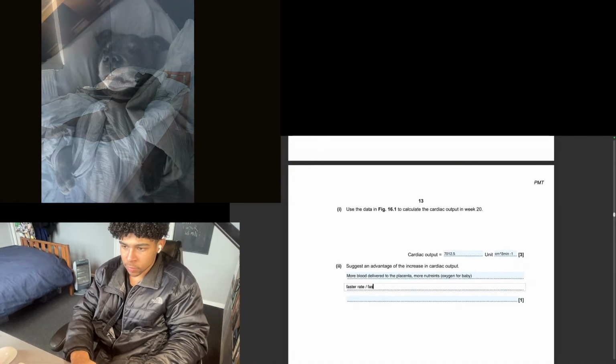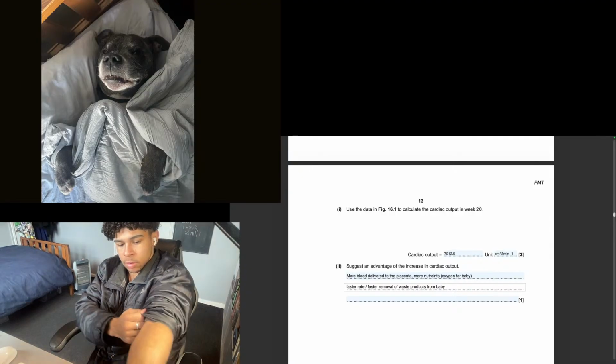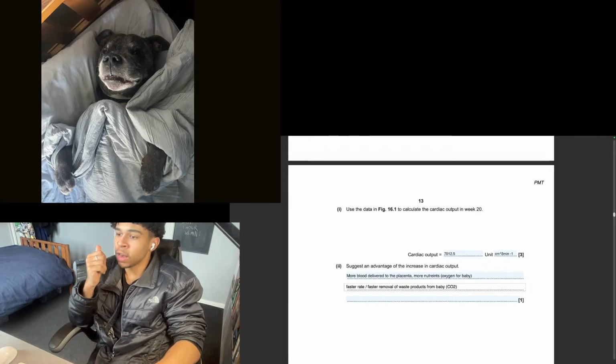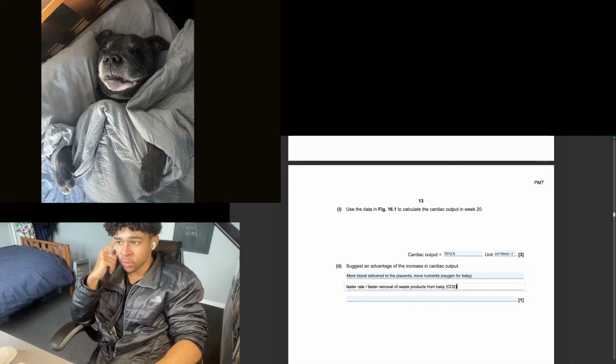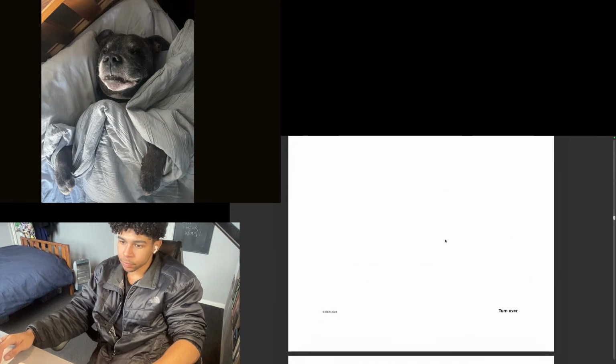Faster removal of waste products from baby, CO2. The thing is, it just says say an advantage of increased cardiac output. It doesn't actually say specifically for pregnant women. So I'd actually say aspiring sows.